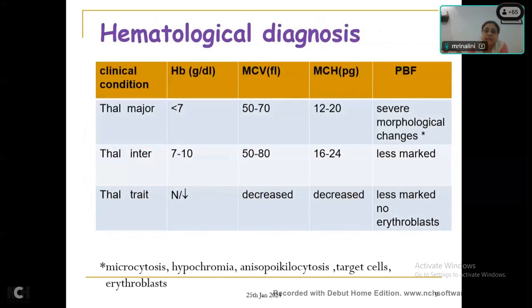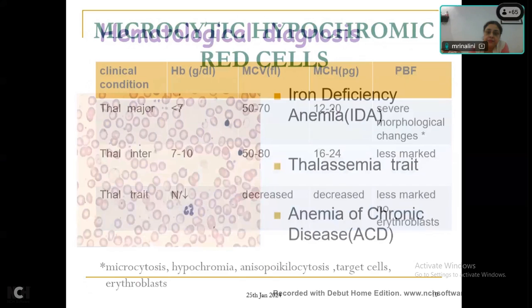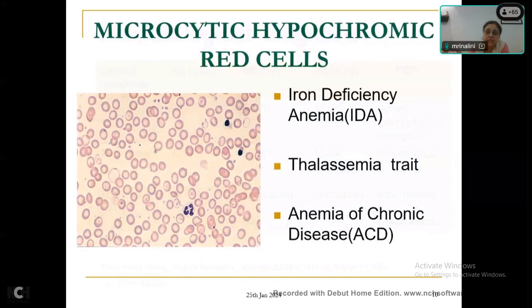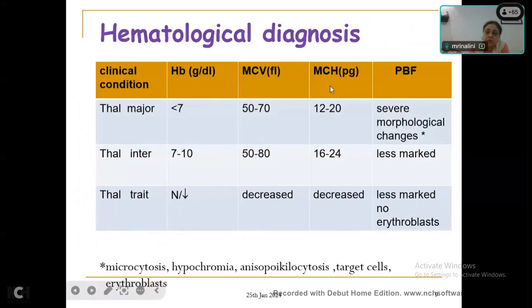So in thalassemia major, you have very low hemoglobins and the transfusion requirement is very high, with regular transfusion. MCV is also the same as in thal intermediate, but the requirement of transfusion is much reduced compared to thalassemia major.